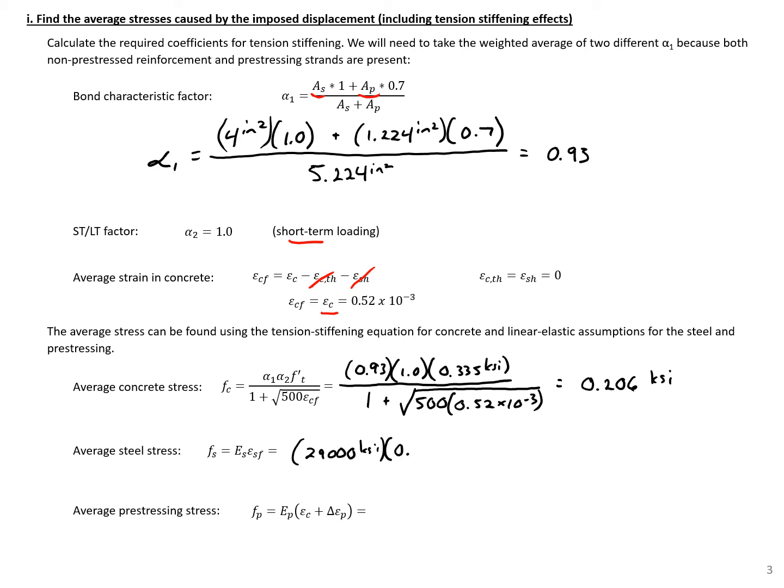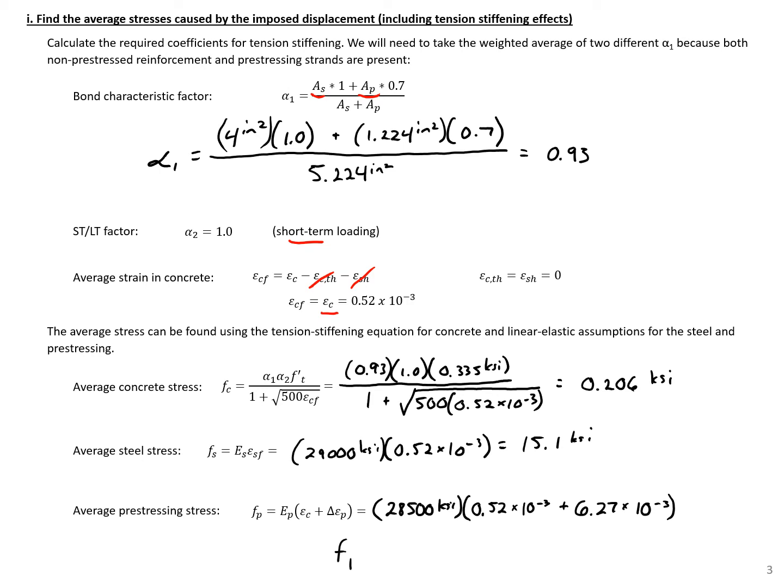The average steel stress we can find by taking the modulus of our steel times our strain in the column, 0.52 times 10 to the negative third, which will give us a stress here of 15.1 ksi. And then our average pre-stressing stress is going to be our modulus of our pre-stressing times our strain in the column plus our locked-in strain differential, which we found to be 6.27 times 10 to the negative third.